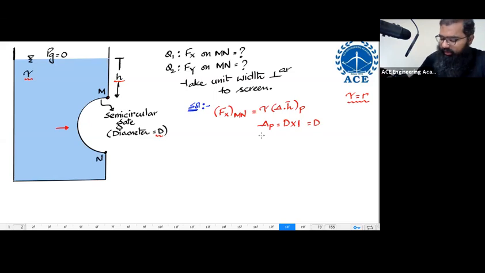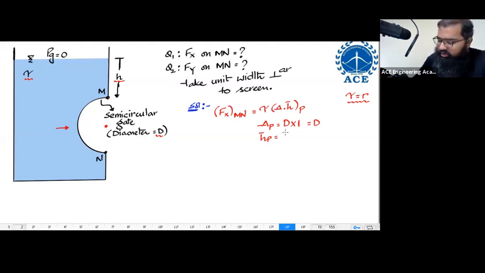Perfect. Next thing, h bar of projected area is equal to how much? At this particular point you are supposed to get h bar. How far is it from the interface? To get this is very simple. You go complete distance H down and then half a diameter down.